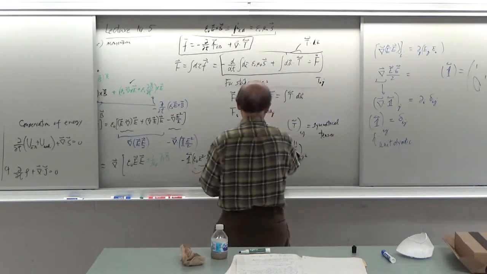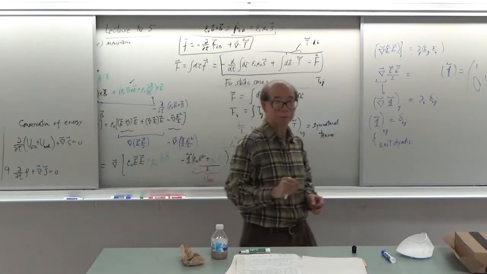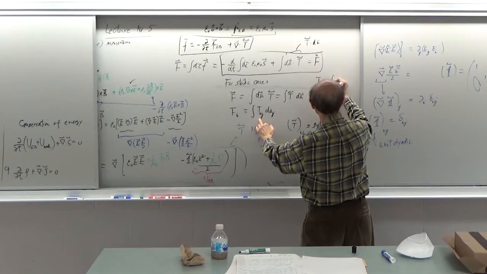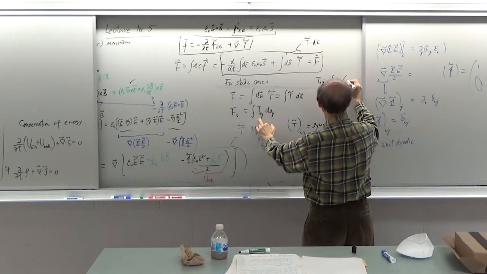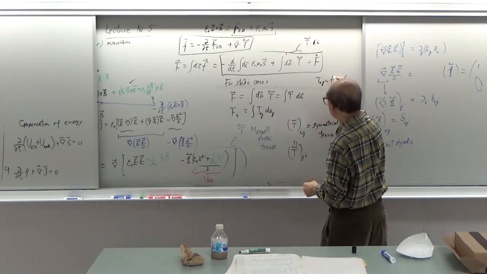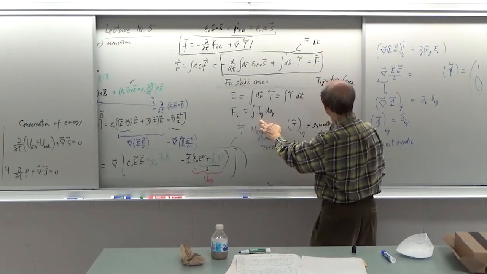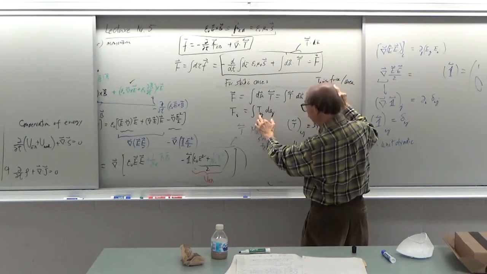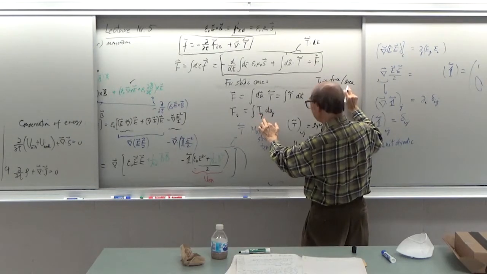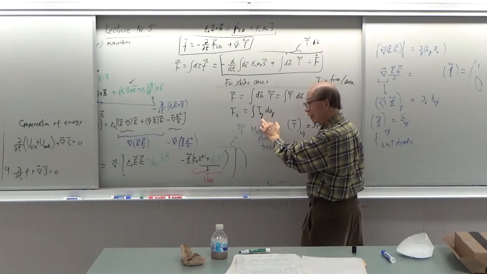Of course, we have the physical significance of force per unit area. And this is force per unit area. And T_ij is the ith component of the force per unit area acting on a surface element oriented in the j direction.